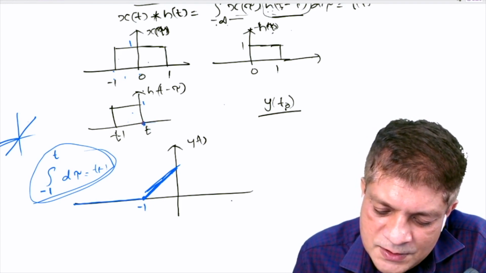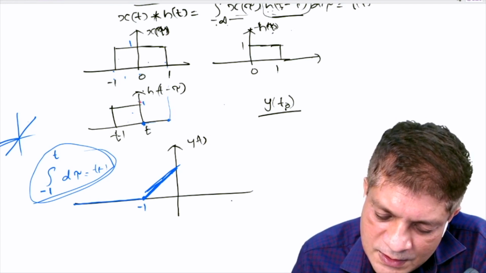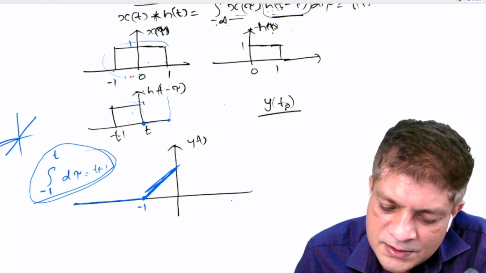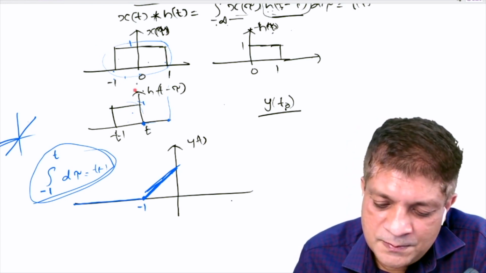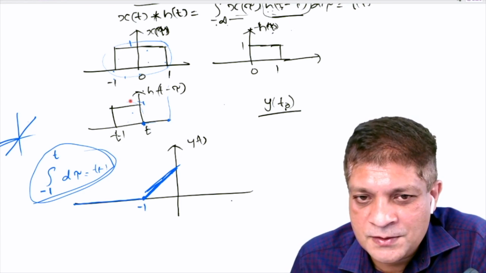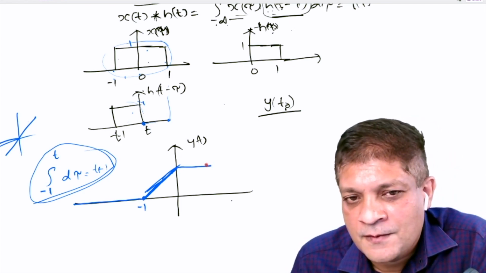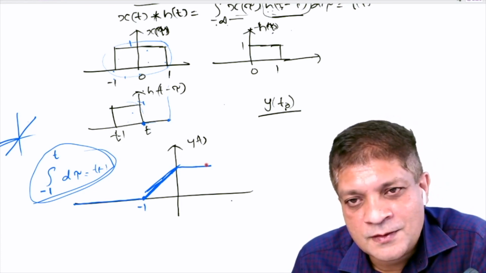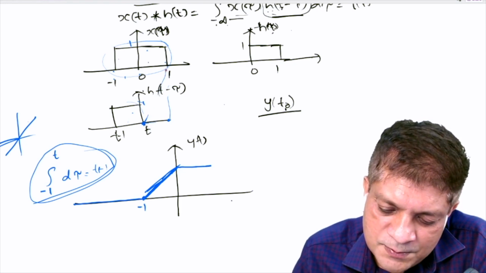Until this reaches 1, can we say that this rectangle is completely inside this? Yes, sir. Then when you multiply these two and find the area, what will be the area? Will it be a constant? Yes. It will remain constant until which point? T equal to 1, until this point reaches 1.